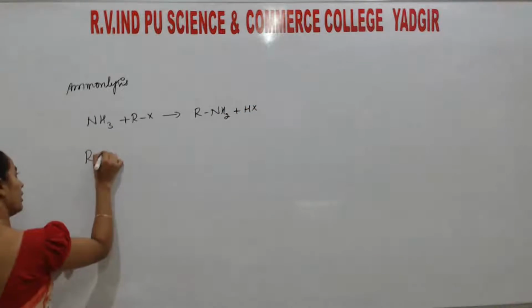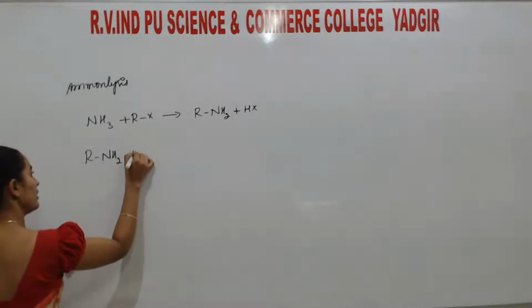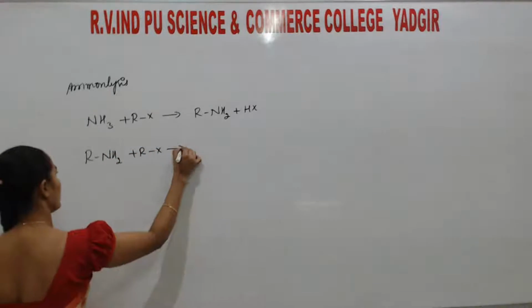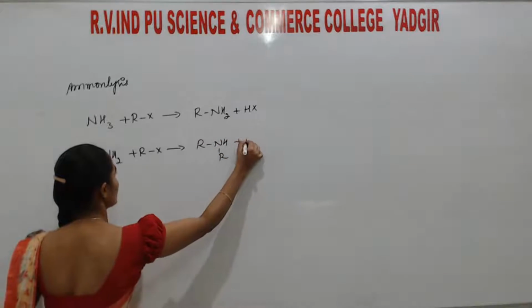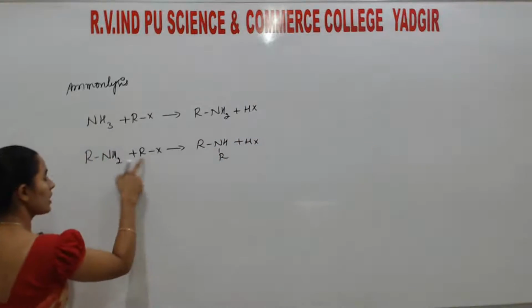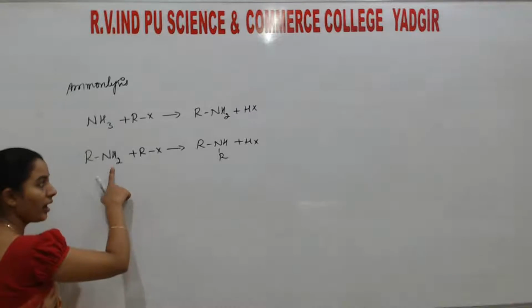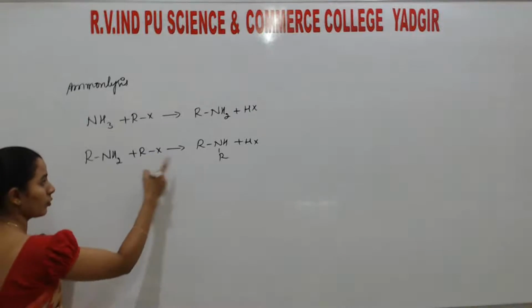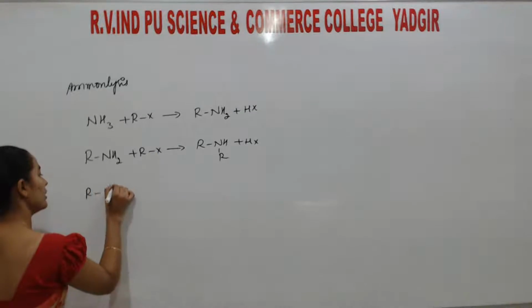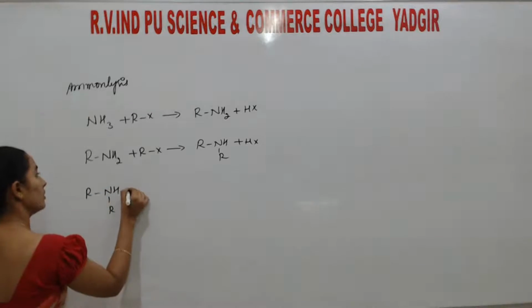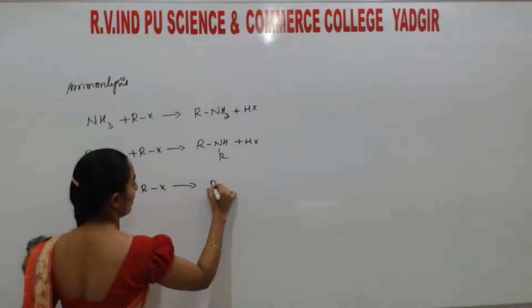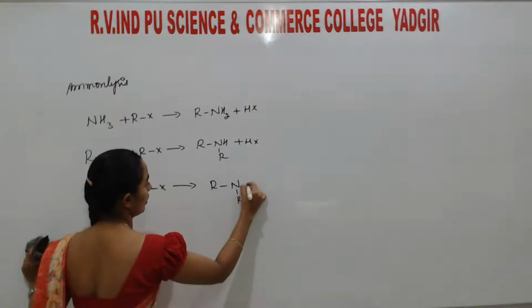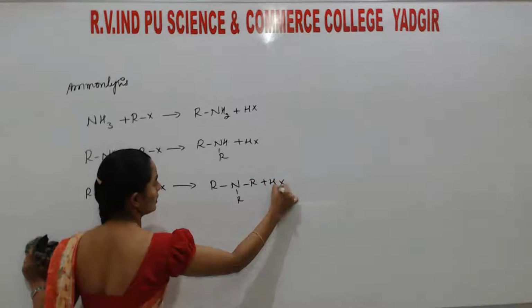This RNH2 again treated with RX, forms R2NH plus HX. Means each hydrogen from this ammonia is replaced by this R group. Then R2NH again is treated with RX, therefore R3N plus HX.